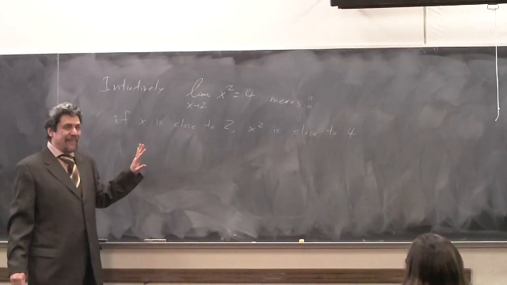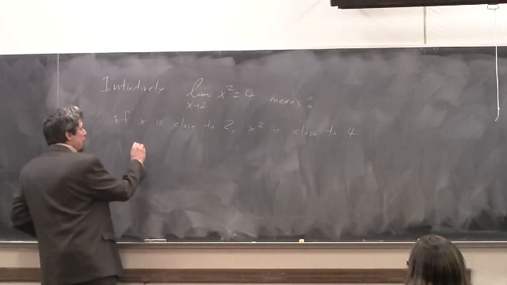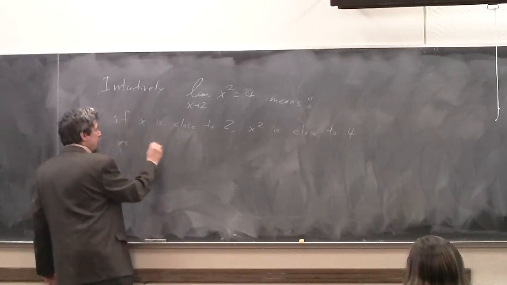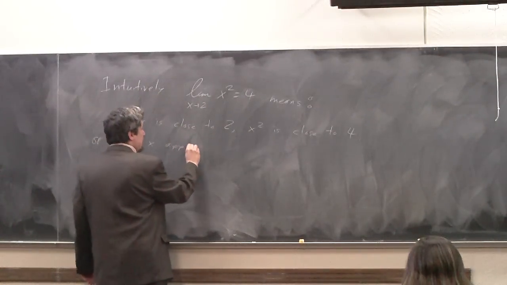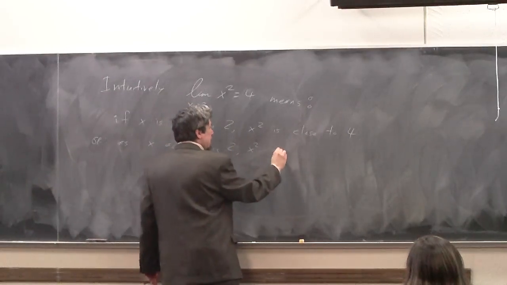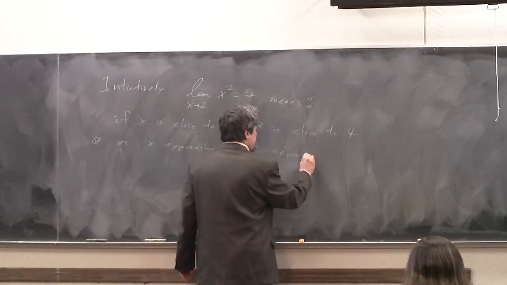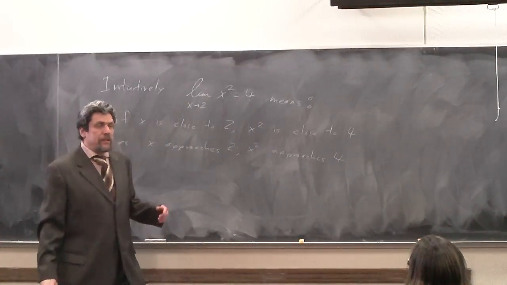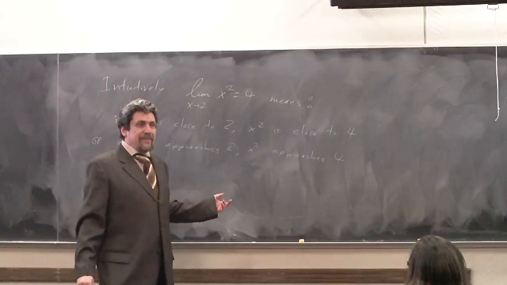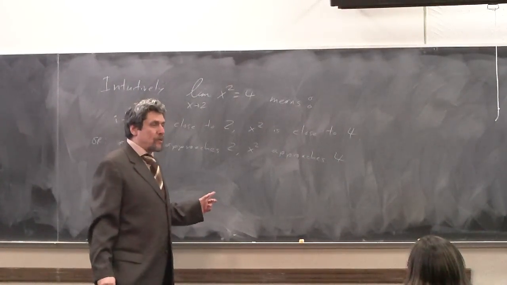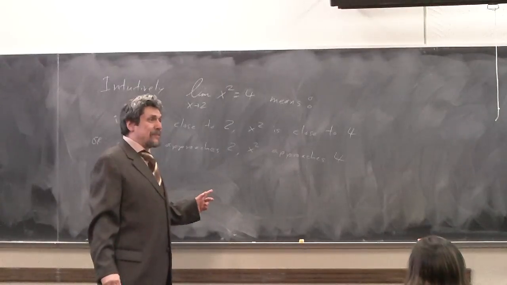Yes, like x approaches 2, x squared approaches 4. Now this definition is, on the one hand, not precise enough, but also there's something a little bit wrong with it. Can anybody tell what's wrong, even on the very intuitive level?